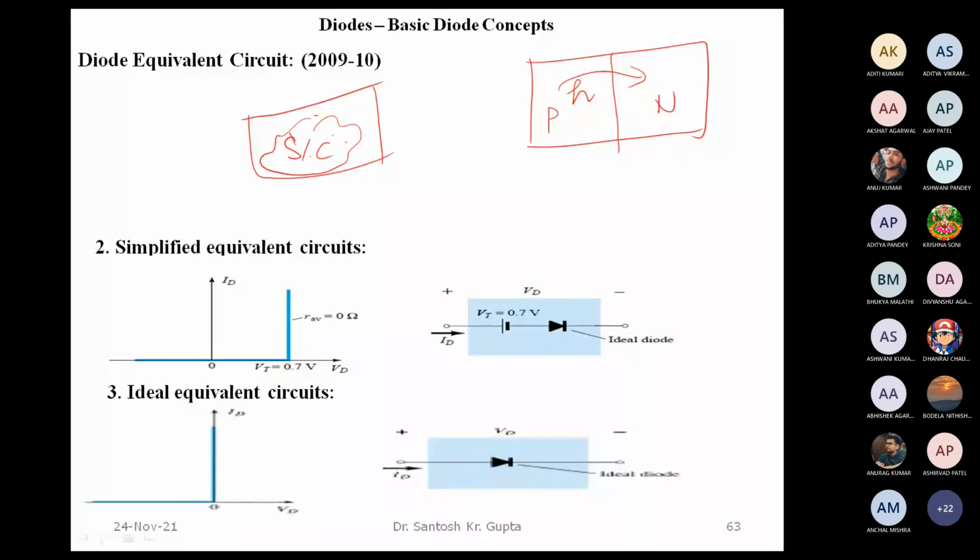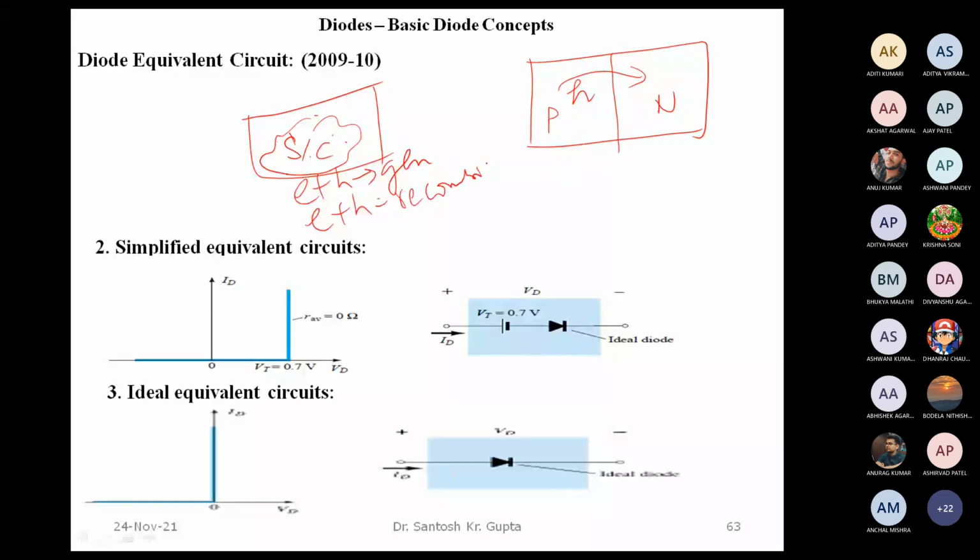Sometimes with the interaction of the atoms, they may lose energy and occupy the location of the holes. Also, there may be thermal energy, due to which some covalent bonds break down and some electron hole pairs may be generated. So electron hole pair generation could be there, and electron hole pair recombination could also be there.